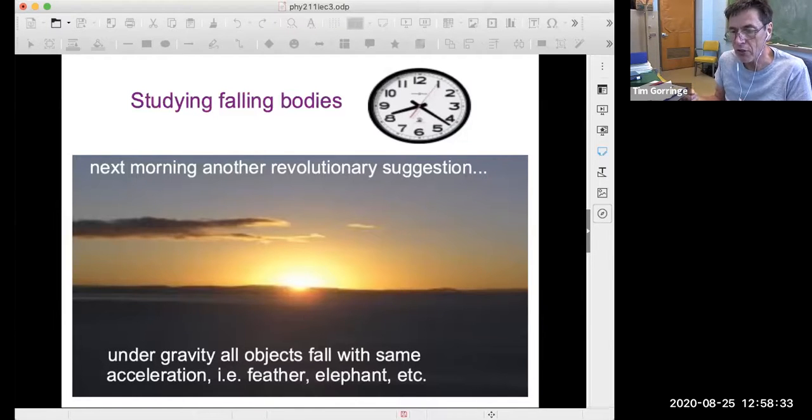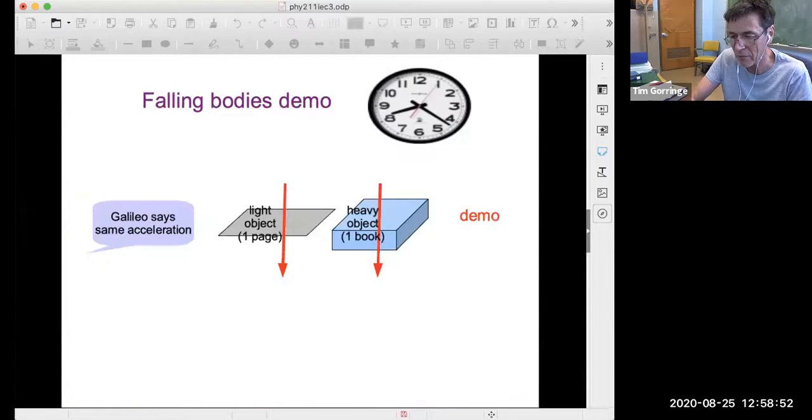They fall to ground in the same length of time at the same speeds. It's a remarkable statement. It's a revolutionary statement that's at odds with our everyday notions, our everyday experience. So it was really a revolutionary statement.